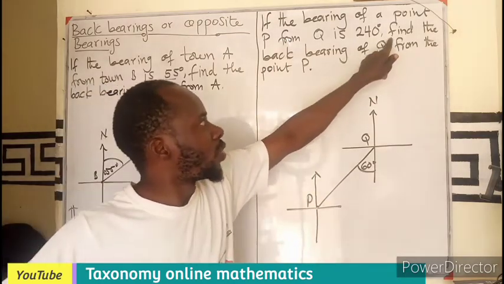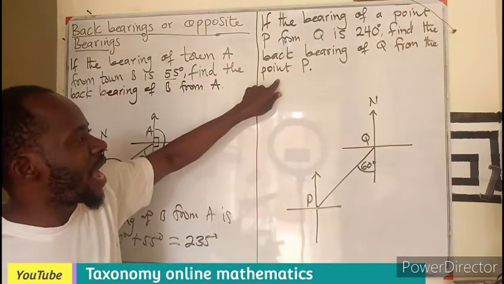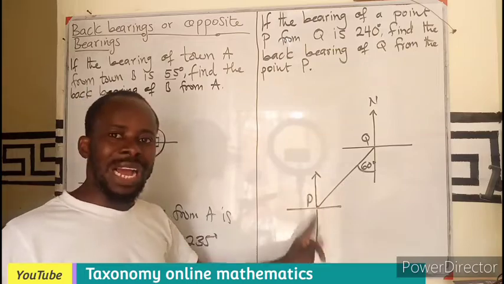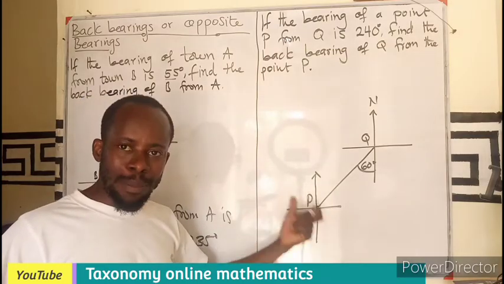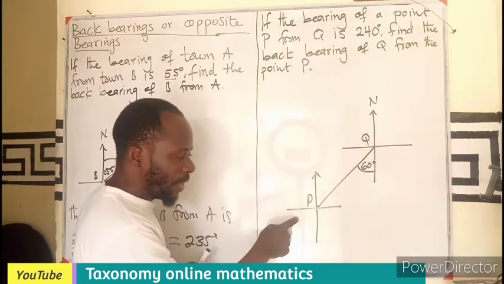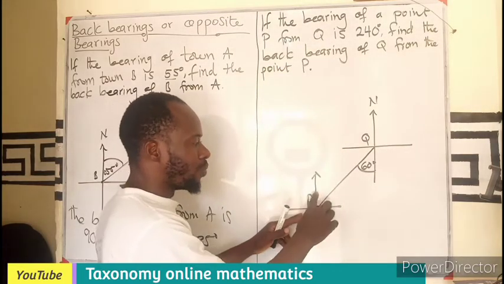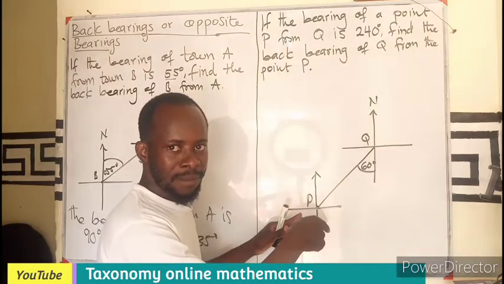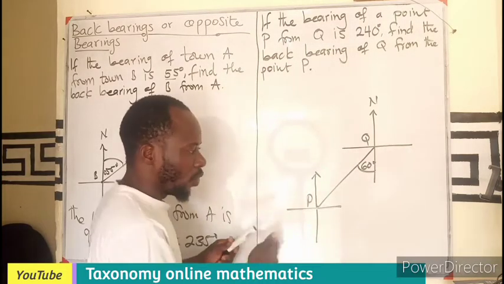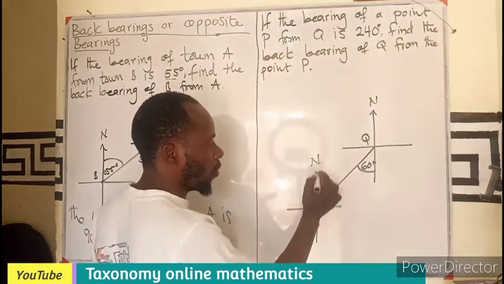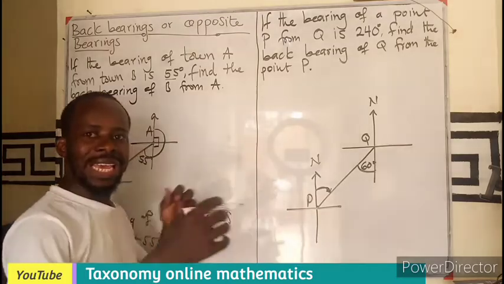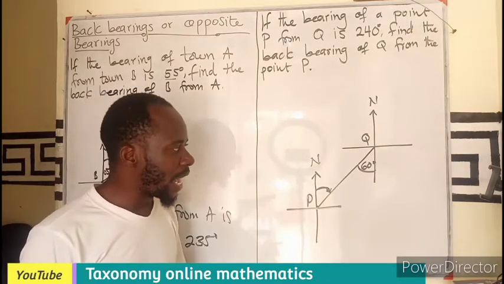But because the question continues from this place, for me to find the bearing of Q from P, I need to draw another Cartesian plane at P. So that if I am looking for the bearing of Q from P, I need to measure from the north of P. I am looking for the bearing of Q from P. So I need to measure from the north, all the way from here to meet the line joining the two points.